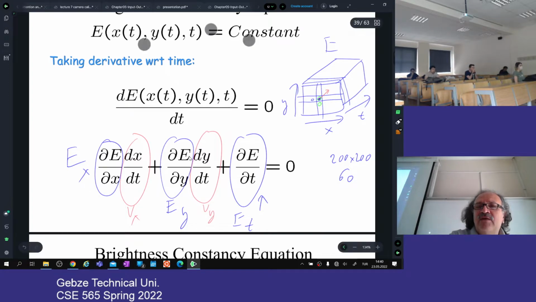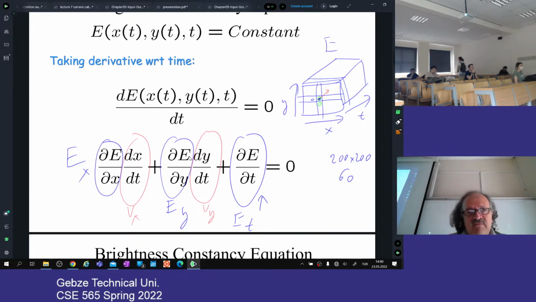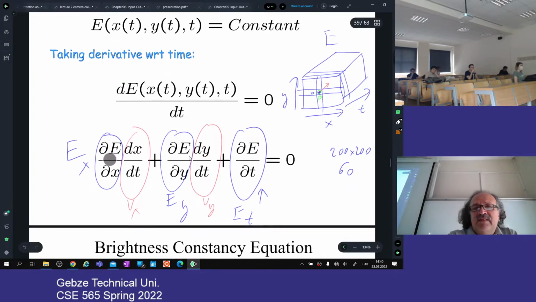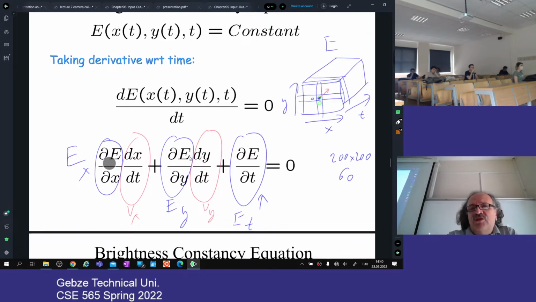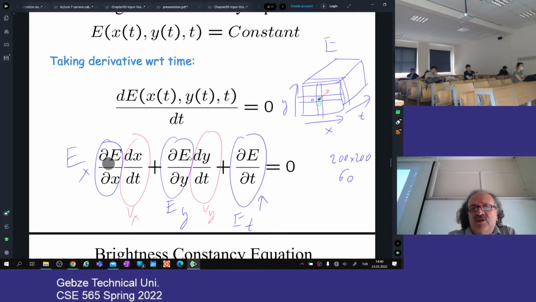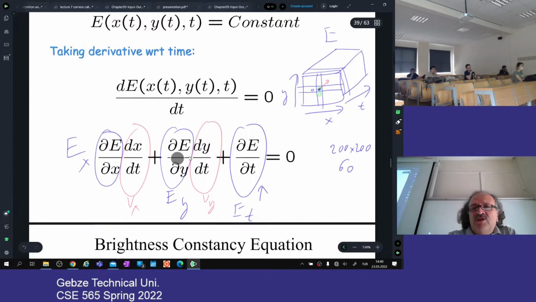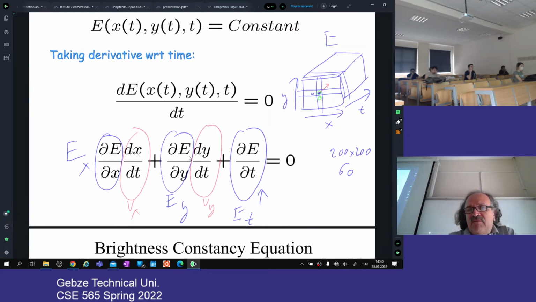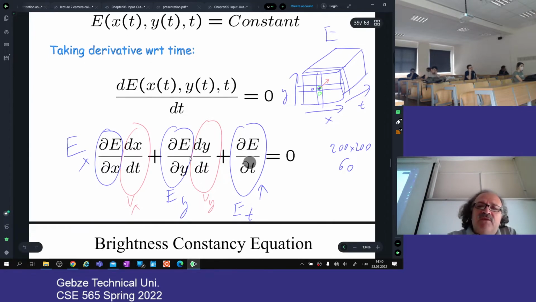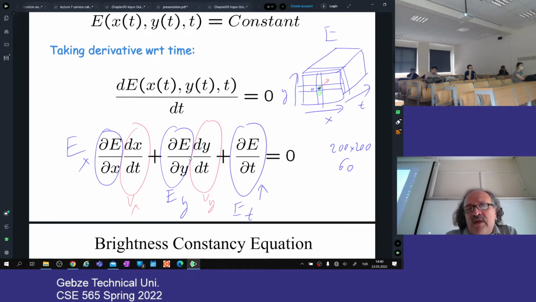The resulting equation after taking the derivatives is this, and when I look at this equation, I see many things that I know. For example, this one is the derivative of the image with respect to the x dimension, the derivative of the image along the y dimension, and the derivative of the image along the time dimension.